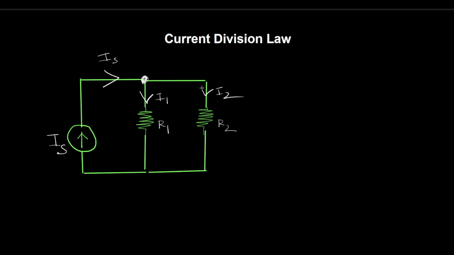So that means this is your Is, and Is is branching into two currents. Like this is Is and this is say I1 and I2.